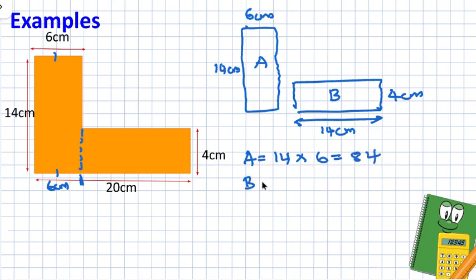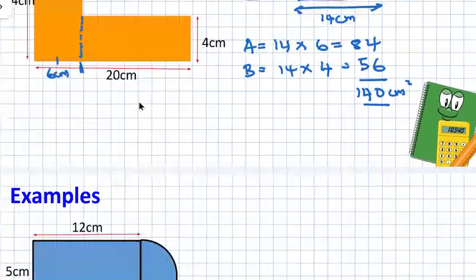And for shape B, we have 14 times 4, which will give us 56. To get the total area, you just add up the area of shape A and B. So we have 84 plus 56, and that would give you a total area of 140 centimeter square. So that is the area of this composite shape.